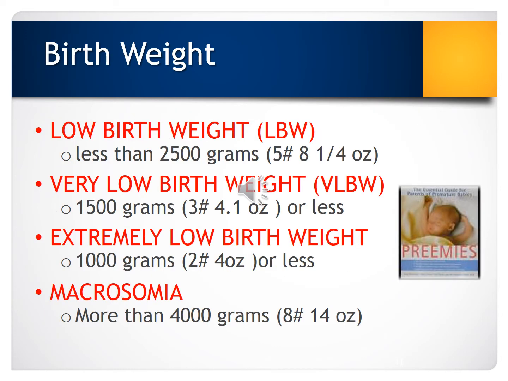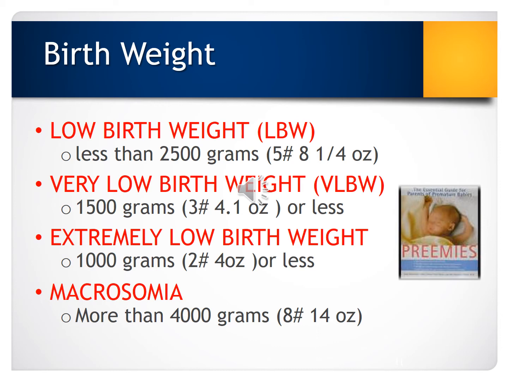It is the responsibility of the labor and delivery nurse who is conducting this immediate newborn assessment to get an initial birth weight. Here I've given you some terms, depending on the grams of the newborn, for what's considered out of the norm.